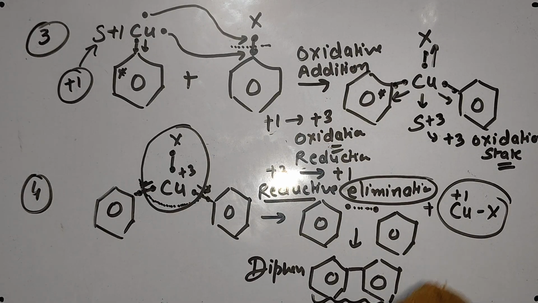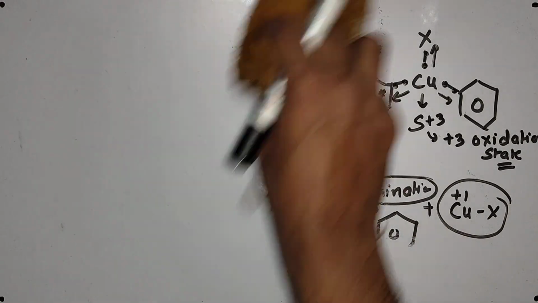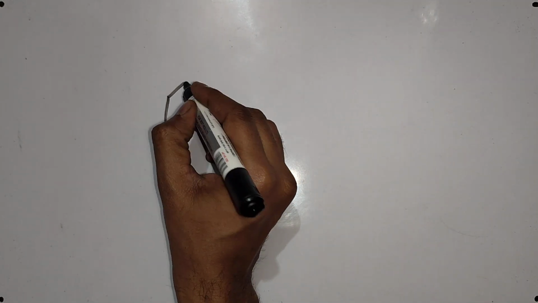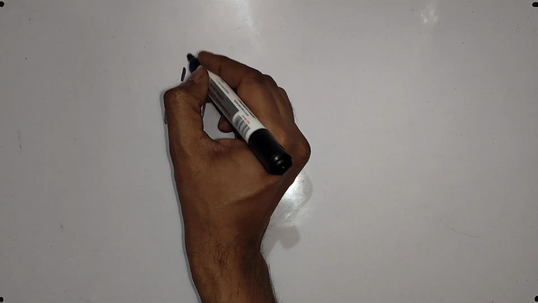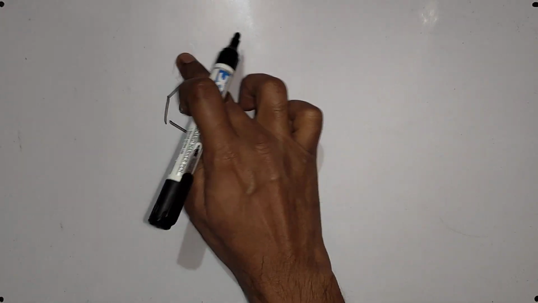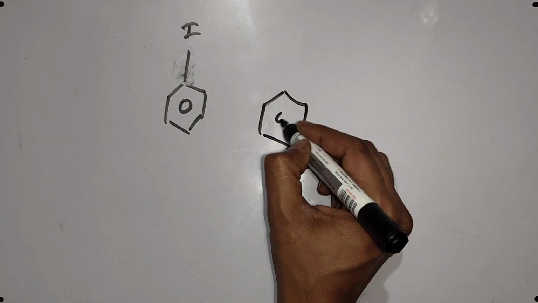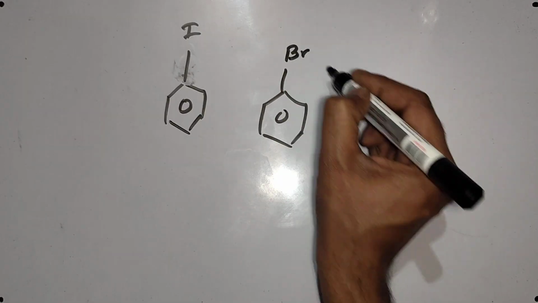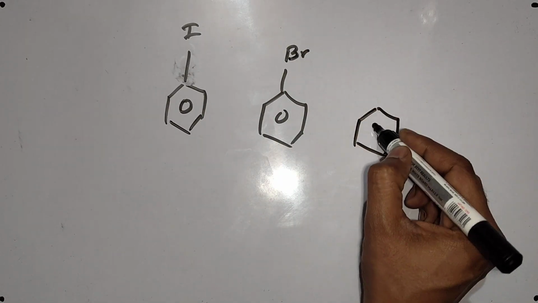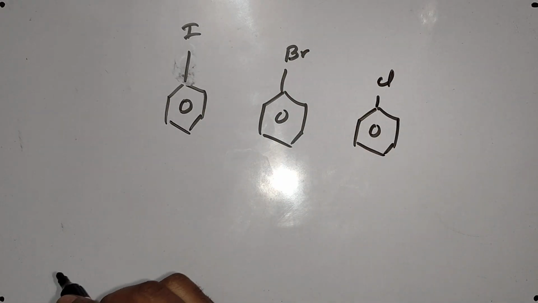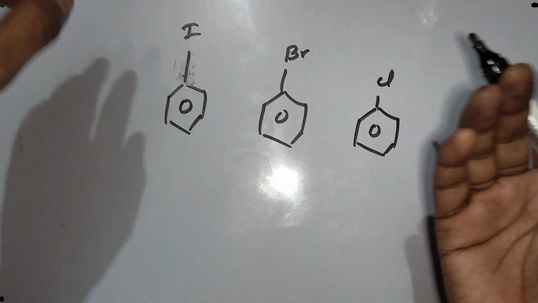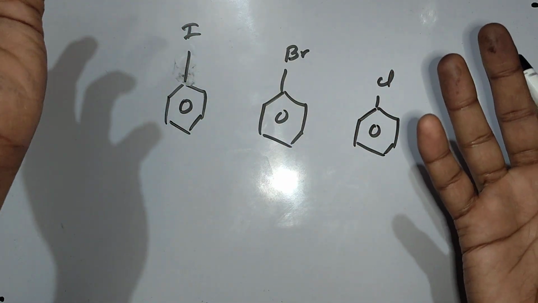Now one more question. I told you X can be iodo, bromo, and chloro in the benzene. Which is most reactive in Ullmann reaction?